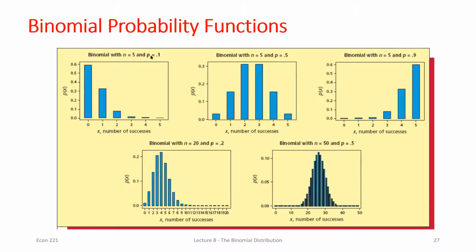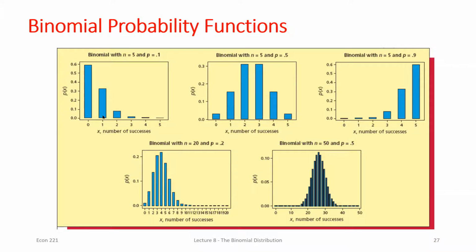So I've got n is 5 and the probability of success is 0.1, okay? So my mean there would be what? 5 times 0.1 or 0.5. So I know on average, the outcome I will see is 0.5. Well, it's a discrete variable. I can't actually see the value of 0.5, but if the mean is 0.5, what that's telling me is the most likely outcomes are 0 and 1.